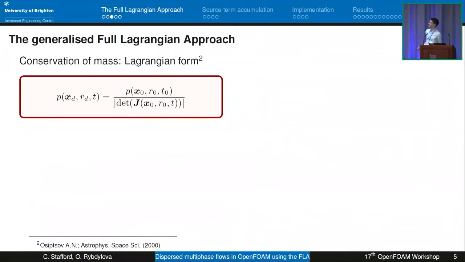So a bit of the detail then. The central bit is the conservation of mass in Lagrangian form. And this is something we actually work out along a trajectory. This is dependent on position as well as radius in this generalized format. So it's actually the conservation of probability we're considering here. But the key quantity is that we need to work out this Jacobian tensor.